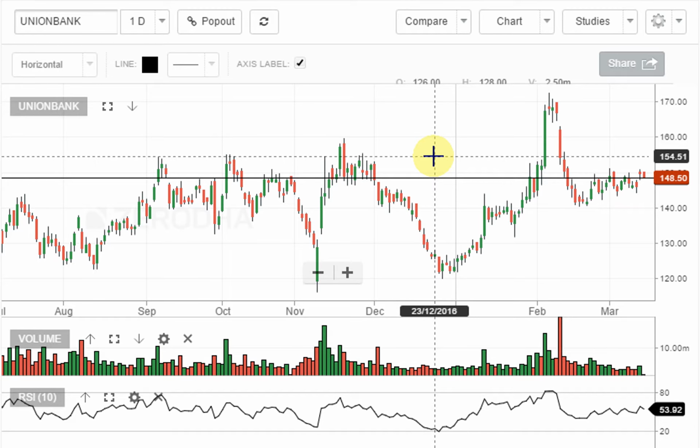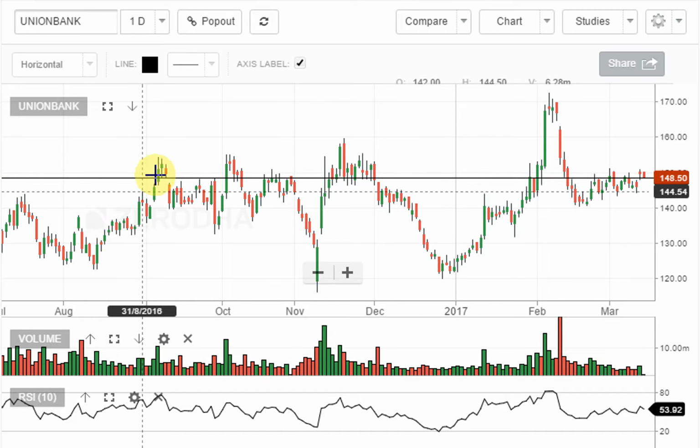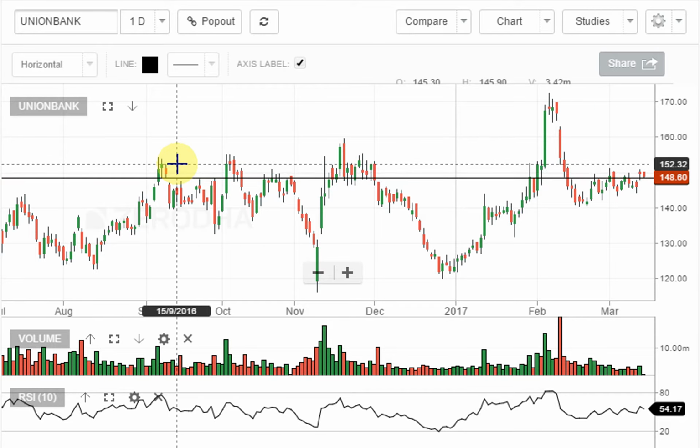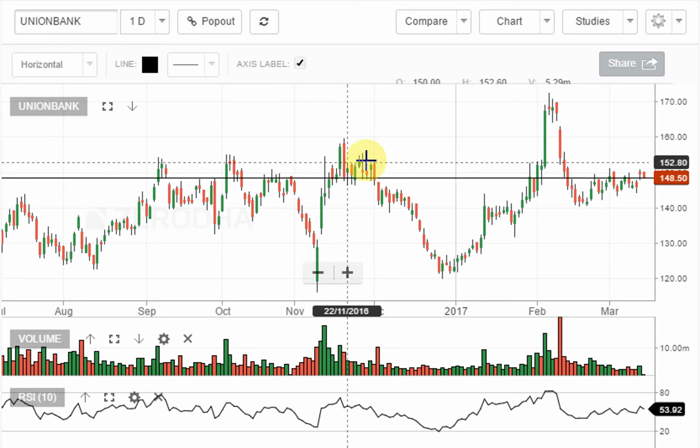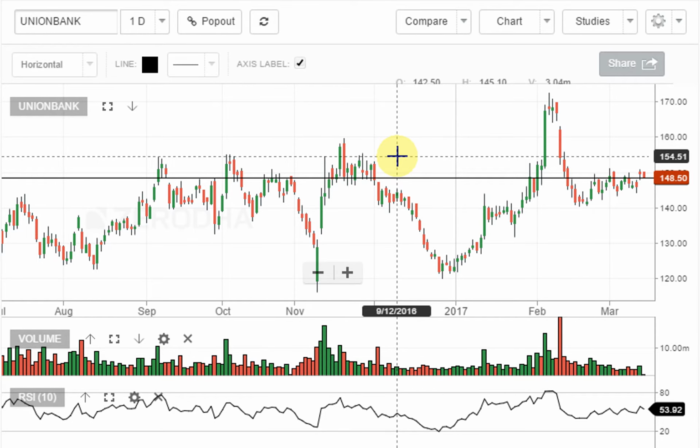The law says that sometimes the stock never goes down below the support line, so it bounced back from that support line. But here, after becoming a support line of Union Bank at 155, 154, 150 levels, this support line has been broken, and again this support line turns into a resistance line.